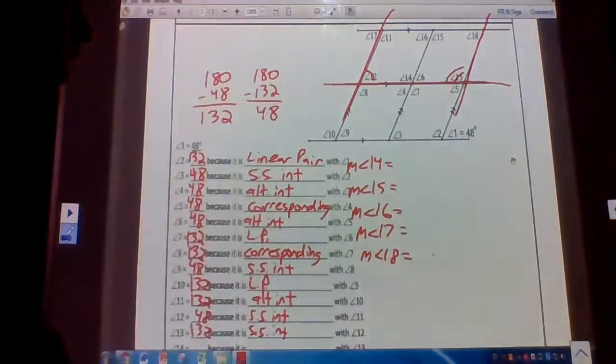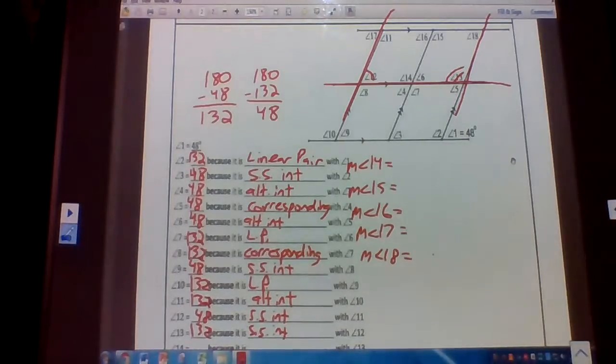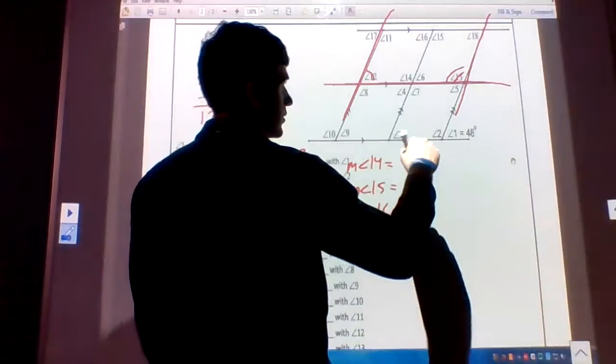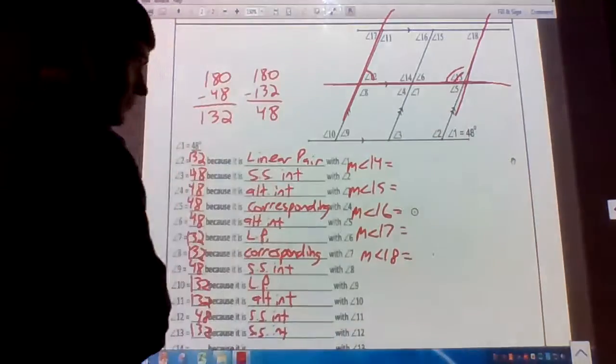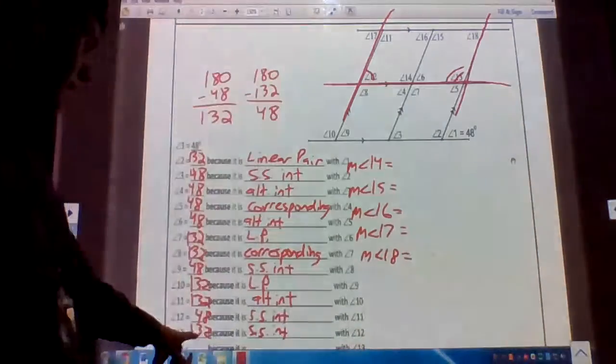13 and 14 are corresponding, so it's going to stay the same, at 132.